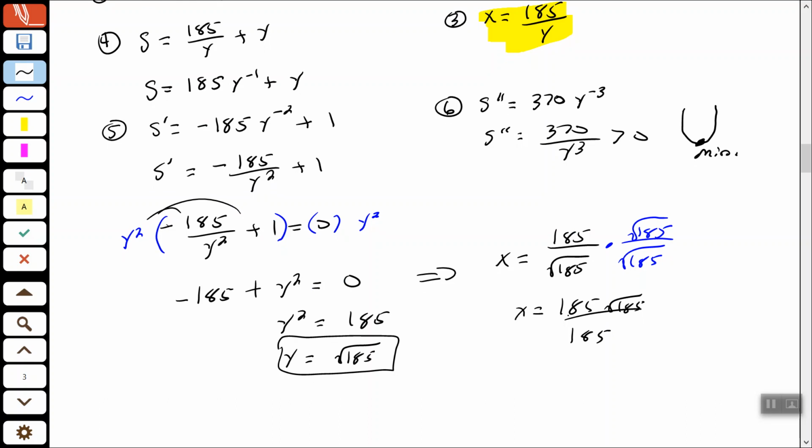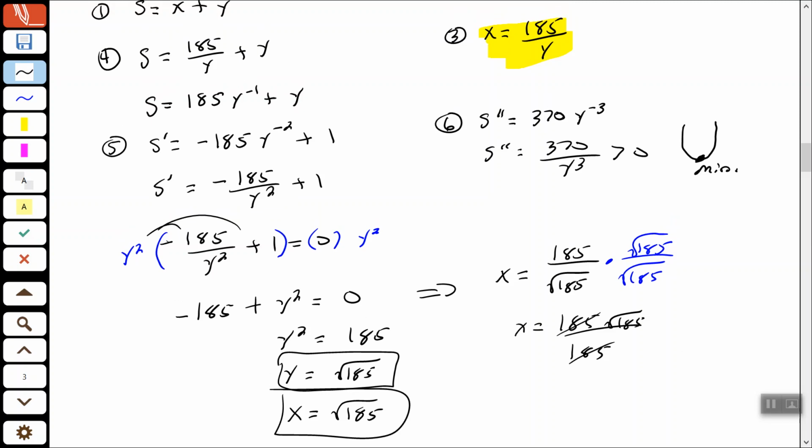And then finally, those cancel. So x also equals the square root of 185. Now that won't always be the case. Those two numbers, x and y, won't always be the same, but they are in this case. So the product of these two numbers gives us 185, and those are the numbers that also give us the smallest minimum sum when added together.